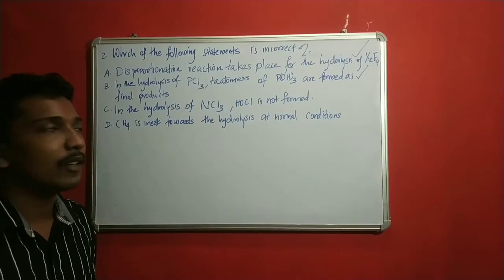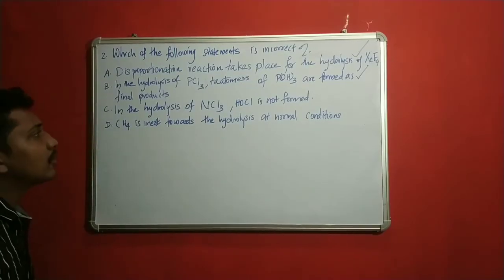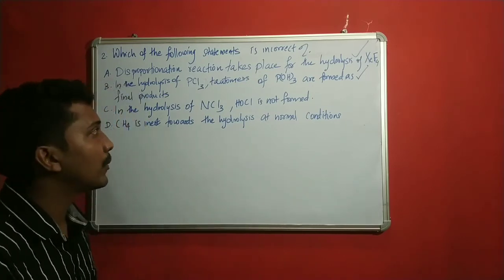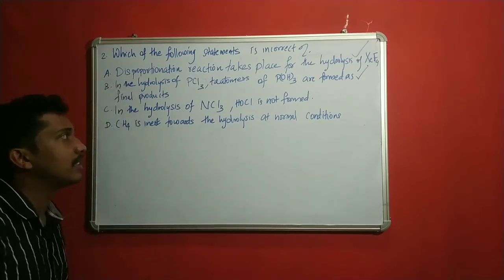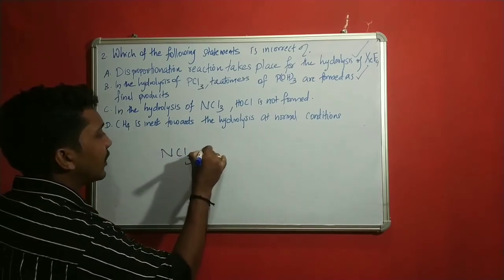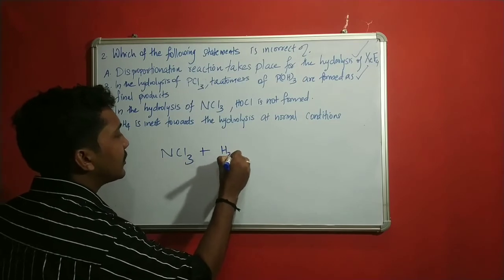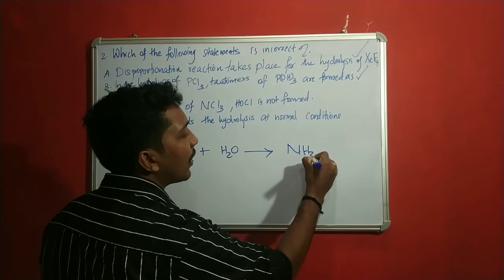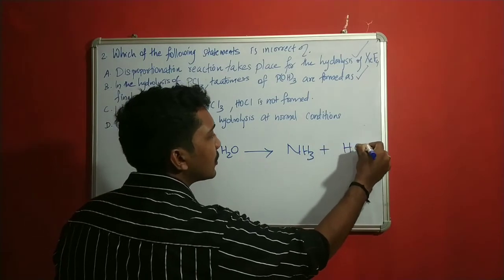Let us see option C. In the hydrolysis of NCl3, HOCl is not formed. Let us see what will be formed when NCl3 gets hydrolyzed. NCl3 on hydrolysis will give ammonia and HOCl.